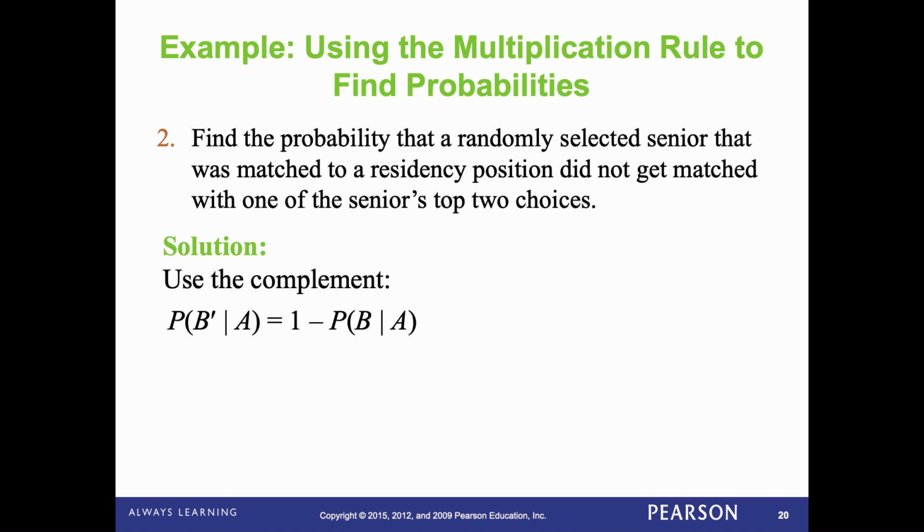So you use a complement. So probability of not getting what he wants, but he did get a job. So it's going to be 1 minus the 0.82, which is 0.18, or 18% chance that he didn't get a job that he wanted, but he did get a job.